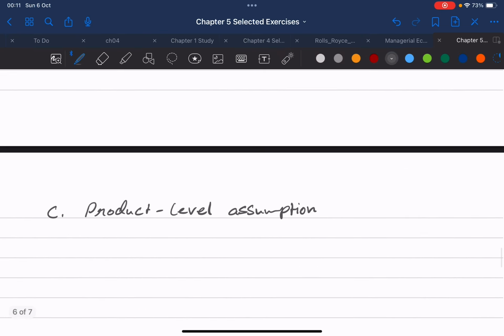So we'll say the cost to be allocated is 540,000, divided by 5 inspections. Run the numbers on the calculator. We get $108,000 per inspection.